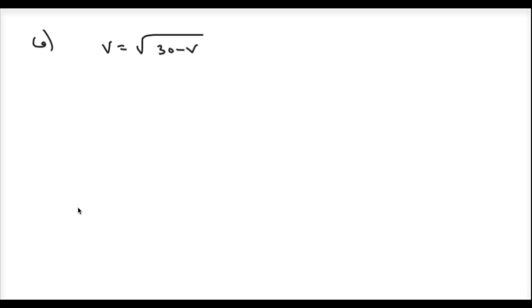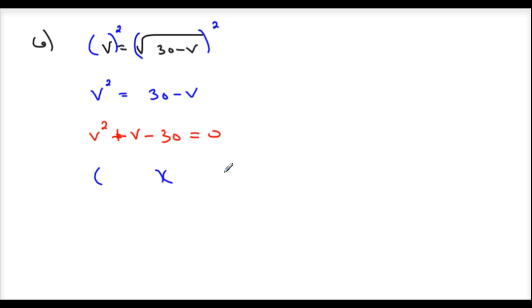equals 8. Same type of problem, v equals square root of 30 minus v. My square root is already isolated. Square both sides. v squared equals 30 minus v. Bringing everything over to one side. v squared plus v minus 30 equals 0. Factor again. v and v.